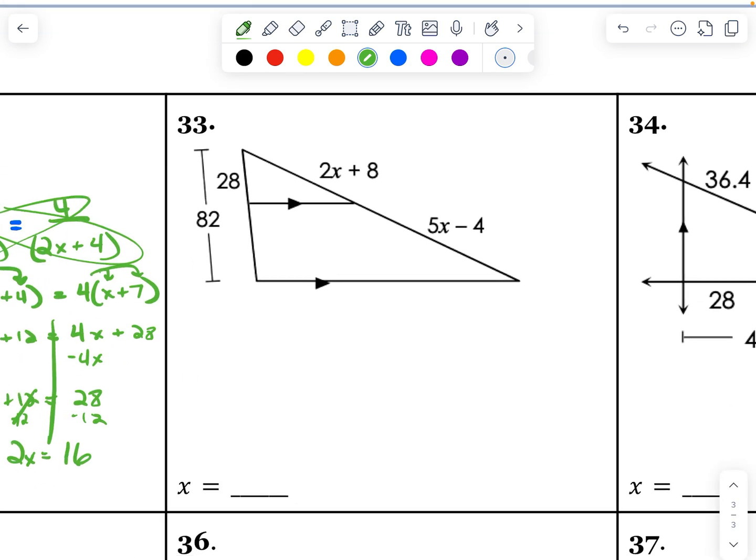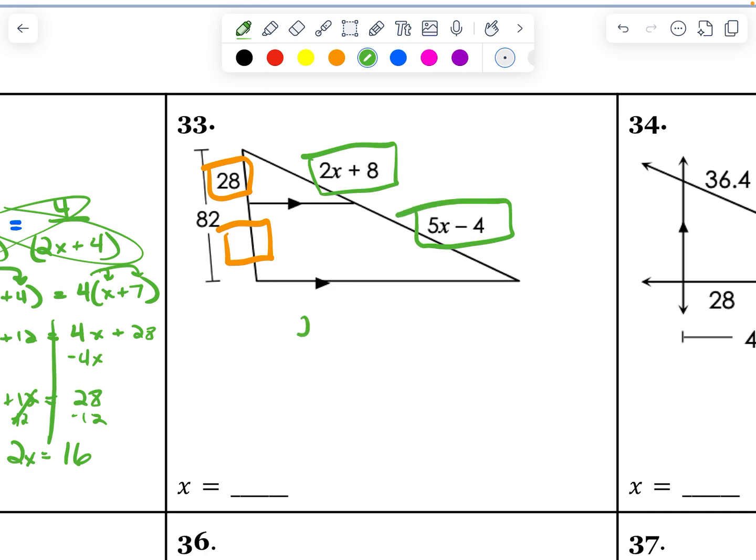All right. Now we could do part whole. Or we could figure out, let's see. I know there's going to be this piece and this piece. Or this piece and whatever that piece is. It's probably the easier way to do it. And then that piece with that piece. All right. So I can go ahead and say my 2x plus 8 over 5x minus 4. Again, one way to set it up, not the only way.